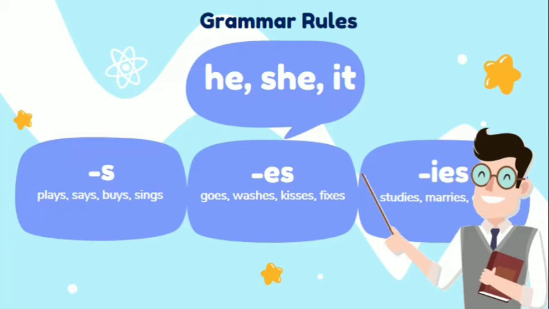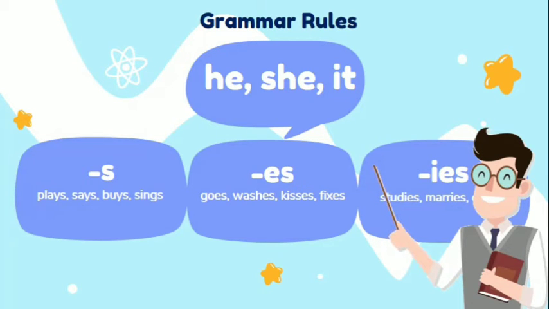The grammar rules that we use in simple present, the first is verb rules. For the subject he, she, or it, we have to add s, es, or ies at the end of the verb.